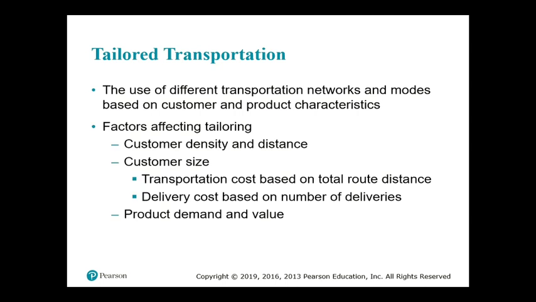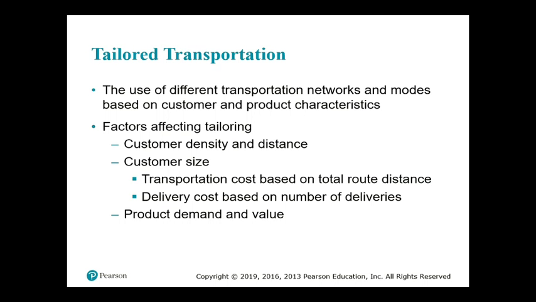Finally, tailored transportation. When we're tailoring our transportation network design, we need to look at what the effects are on different customer segments and different products. So the determining factors that affect what is the most appropriate transportation network include customer density and how far the facility is from customers.